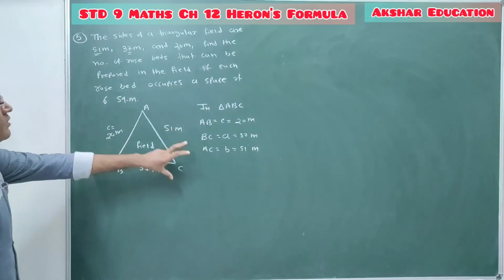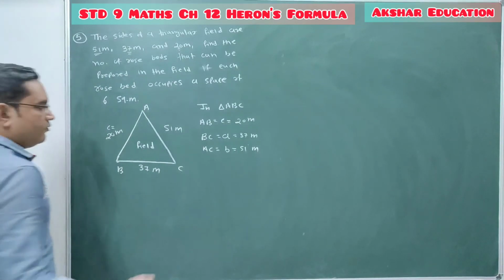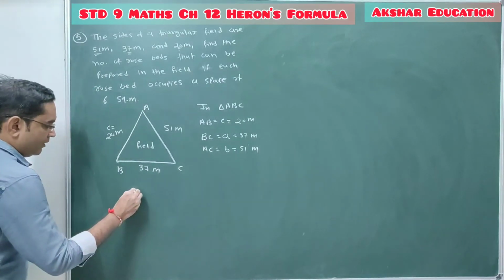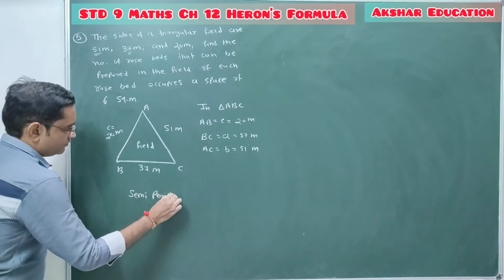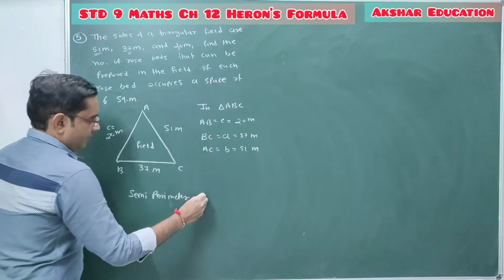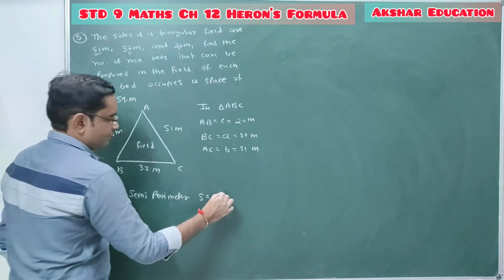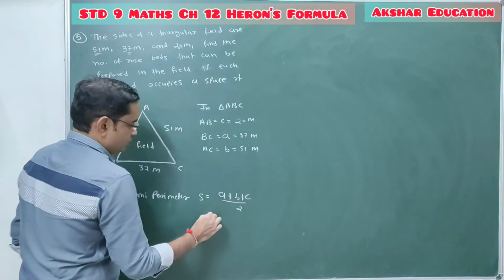So by using these dimensions, first you have to find the area of the triangle. For that we require the semi-perimeter. Semi-perimeter S is nothing but a plus b plus c by 2.